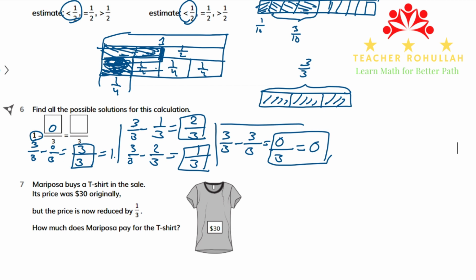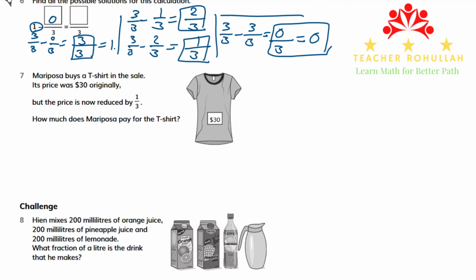Let me scroll down. In question 7, here it says, Mariposa buys a t-shirt in the sale. In the sale means it is given discount. Its price is $30 originally. As in the beginning of the video, I said original means the actual price or the actual value of something.